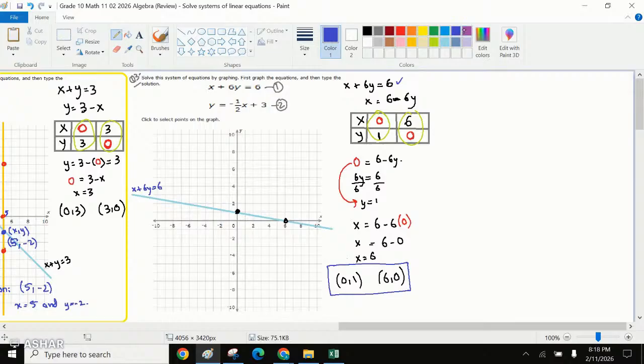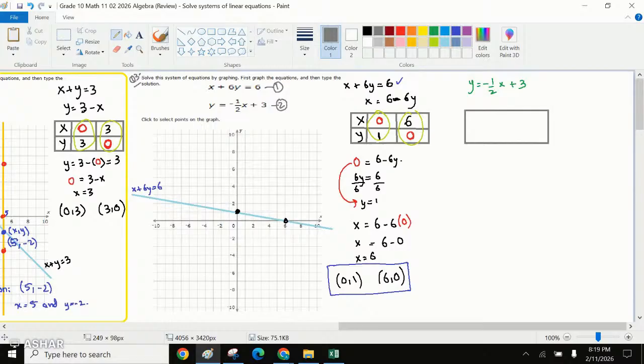Moving ahead to the next equation, the next equation was y equals minus half x plus 3, right? We can simplify or we can leave it at this point. Let's assume a set of values.